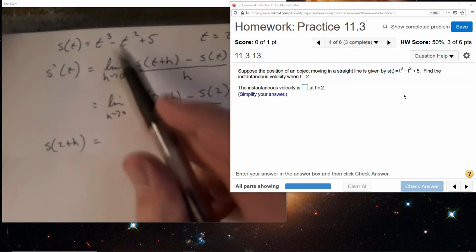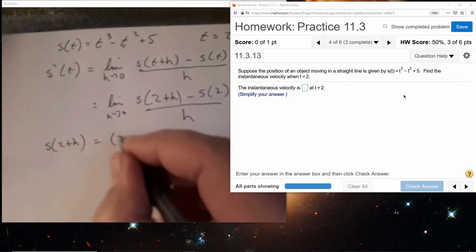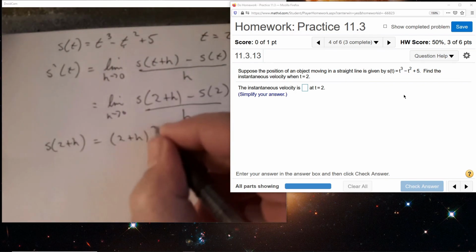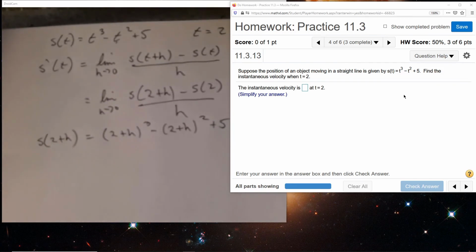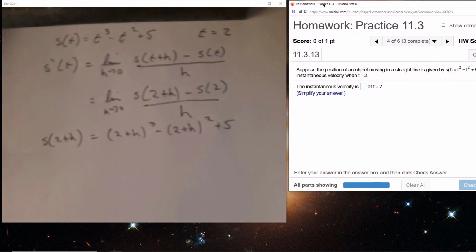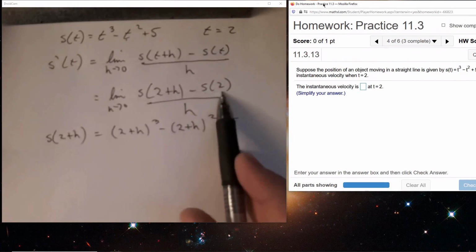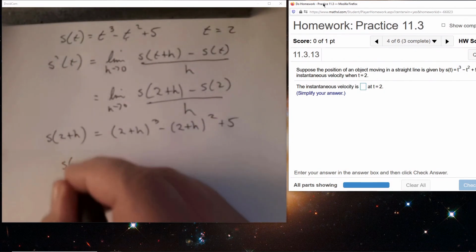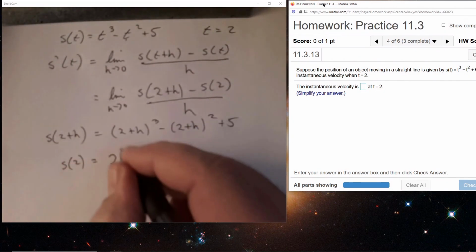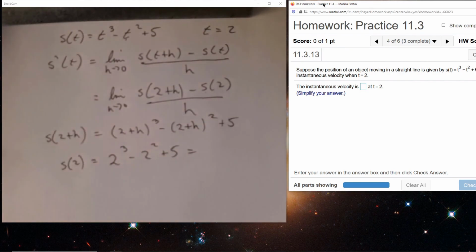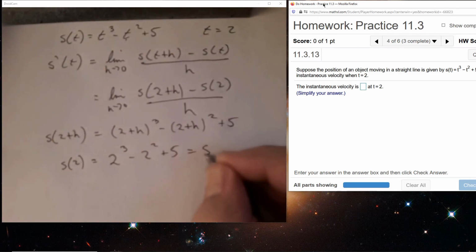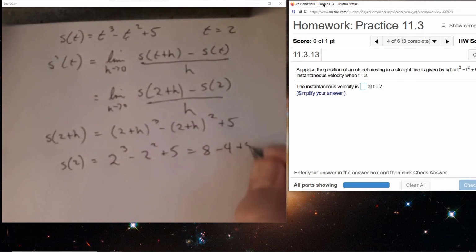And so we'll plug that into the original function to get that. And we also need s of 2. And so we'll just plug that into the original function to figure that out. And 2 cubed is 8 minus 4 plus 5 gets us a 9.